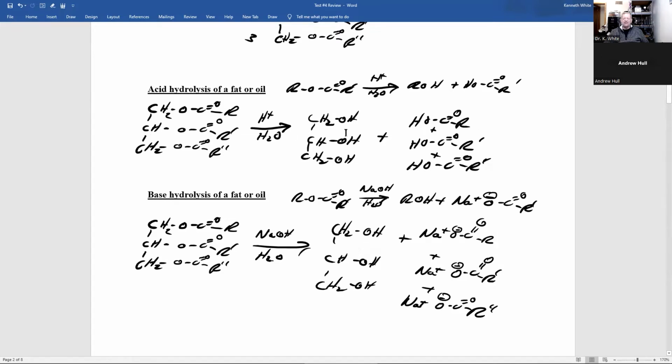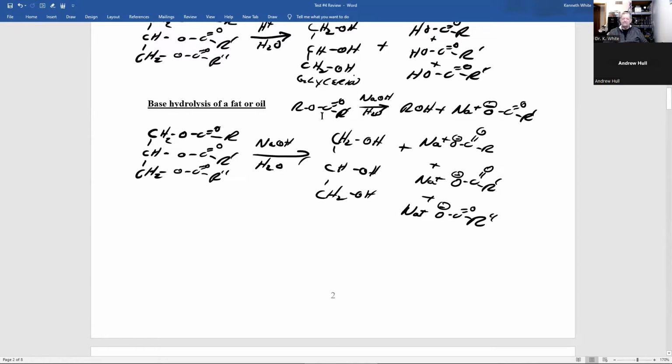This ester gives this alcohol plus this carboxylic acid. And this final ester gives this alcohol plus this carboxylic acid. And this triol, 3 hydroxyl groups, which I won't ask on a test, but we've talked about, is called glycerin. And these are fatty acids I'll talk about in a little while.